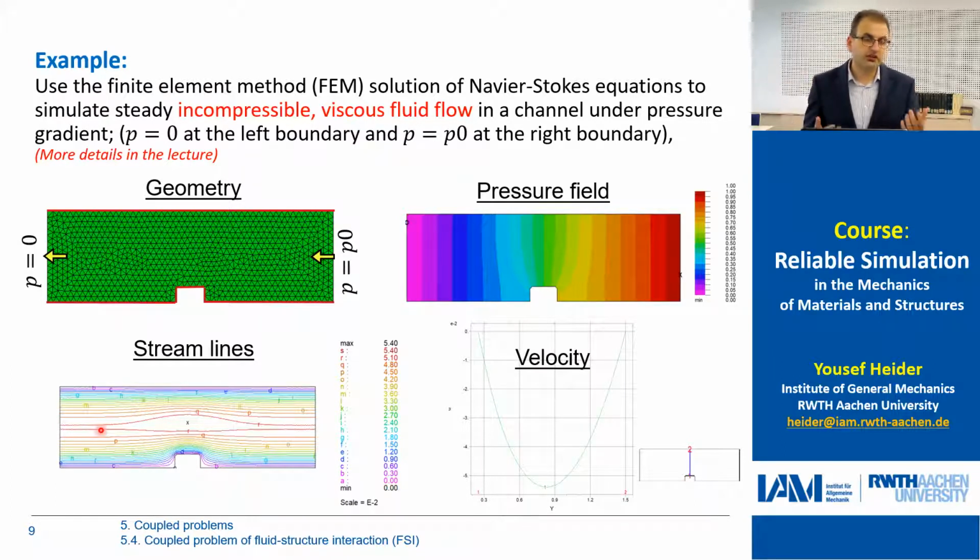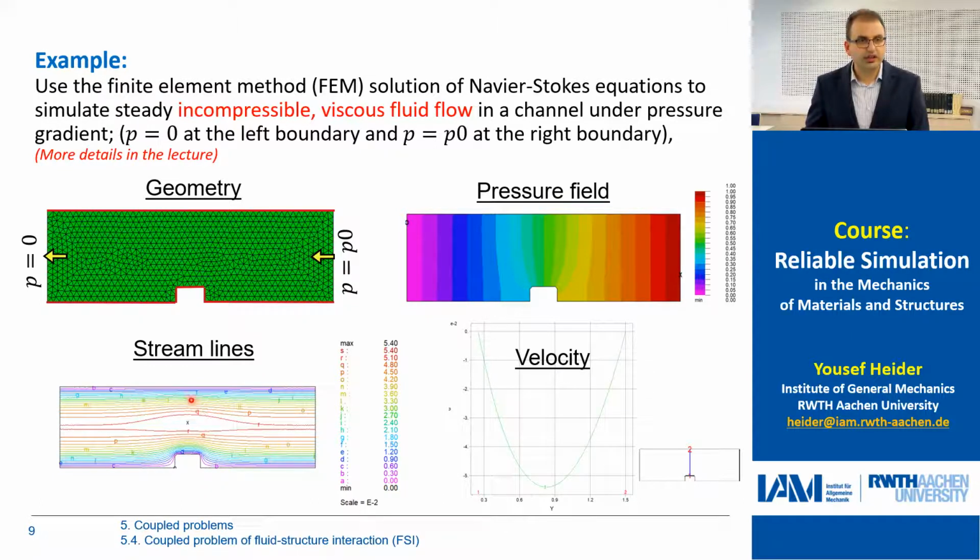So we have this interaction between pressure and velocity at each point. And in the middle of this channel, because of this notch, the velocity is increasing here, and also we have a little bit non-uniform distribution of the pressure field.